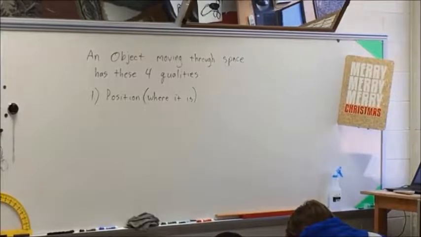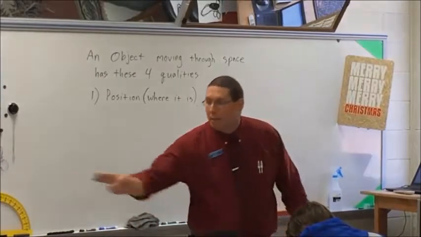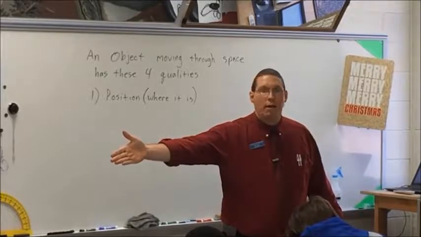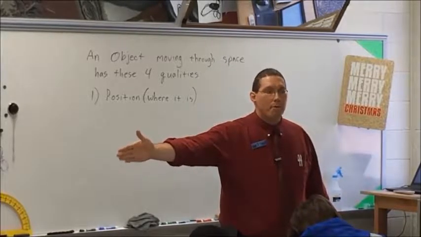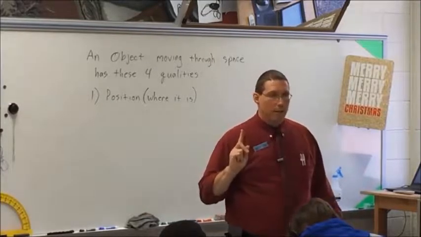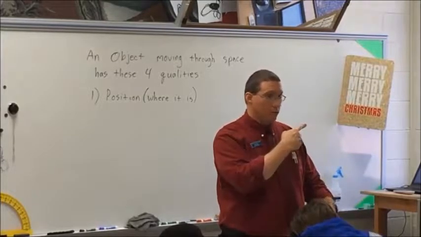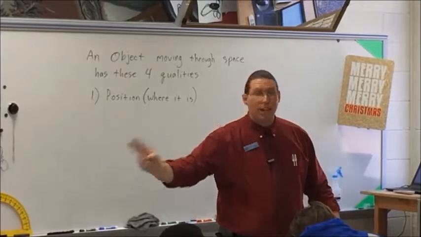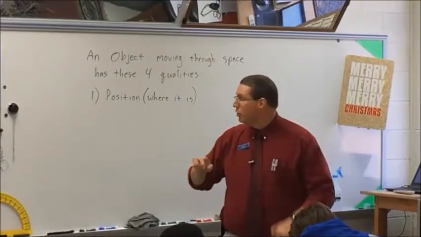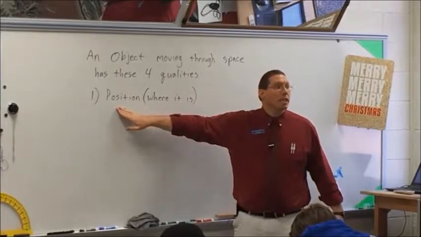Got it? Okay, so I, right now, am right of that point. I'm about 10 feet right of that point. So my position, where I am, is 10 feet to the right. Every object moving through space has a position at any particular time.